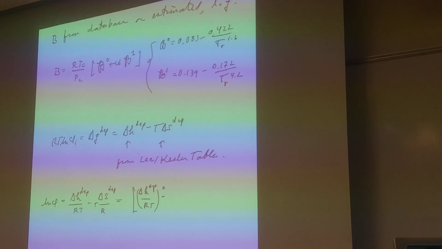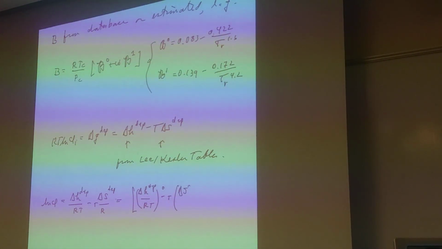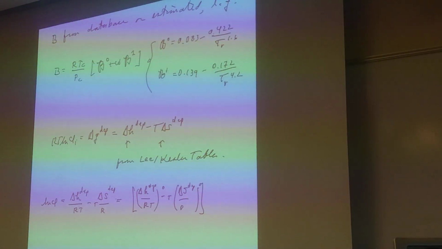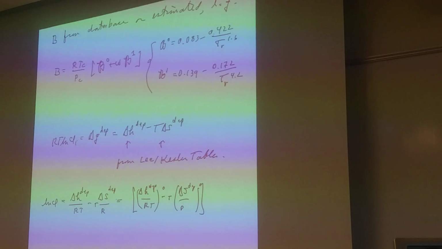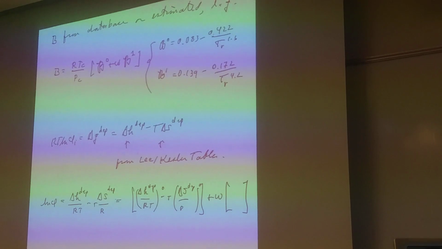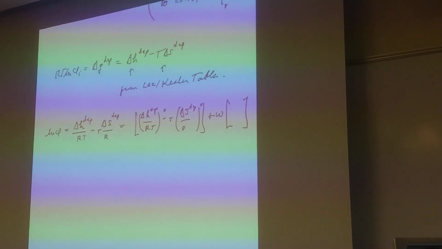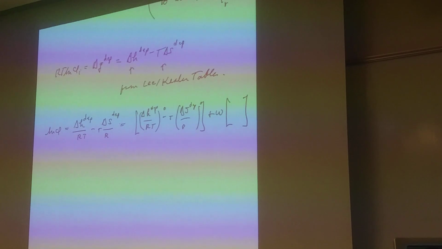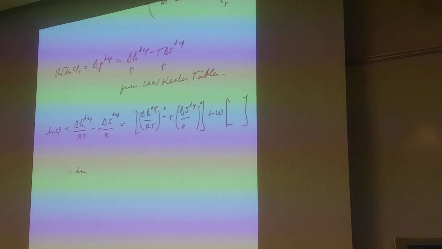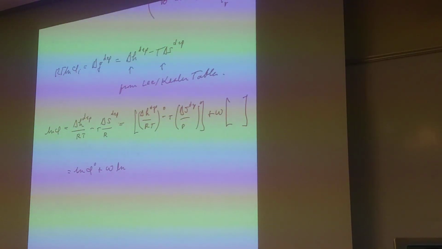Seems to me there should be a T there. And I'm not going to write the whole thing out. Same expression. But what this amounts to is being equal to the logarithm of phi0 plus omega... I'm going to write it in a slightly different way here.